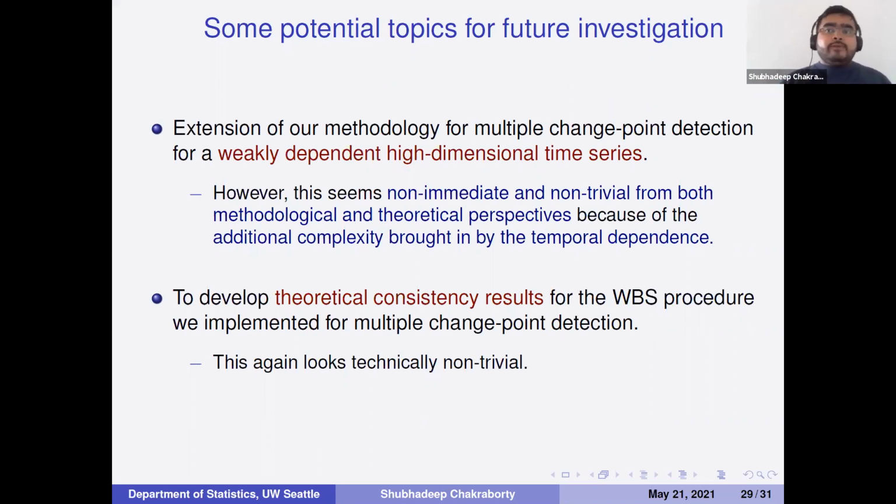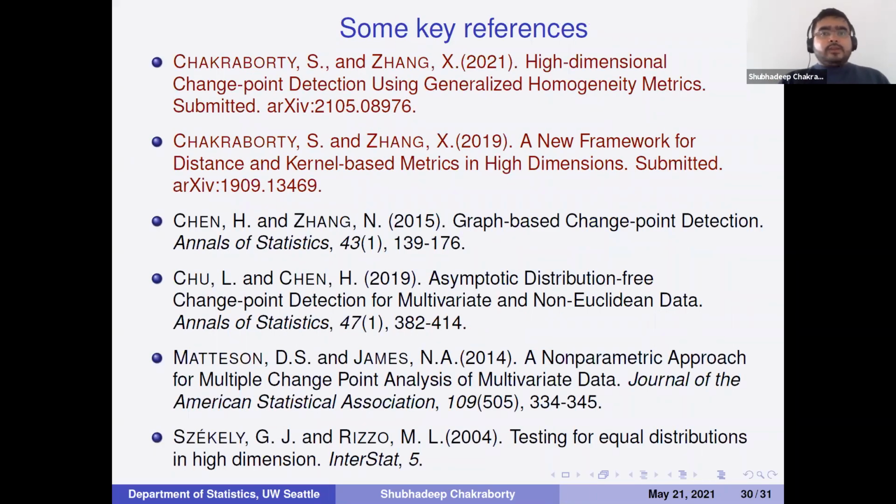So can we go any further, and can we come up with, in general, a homogeneity metric that completely characterizes the equality of two high dimensional distributions, and then, as a next step, frame a change point detection methodology based on that? That's something that we are already working on. So that was kind of all.